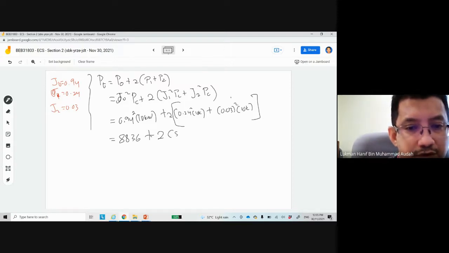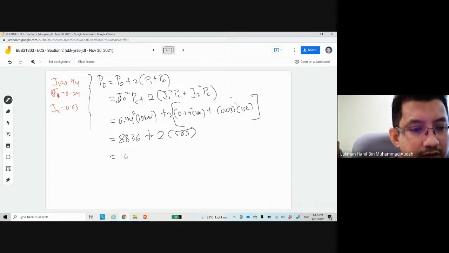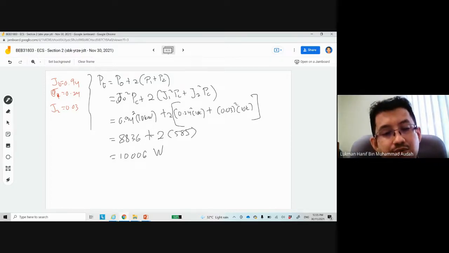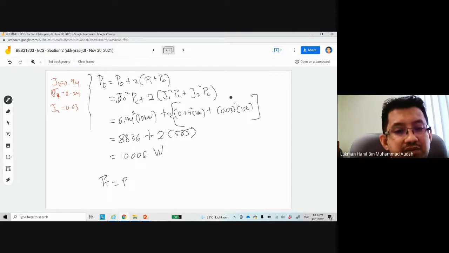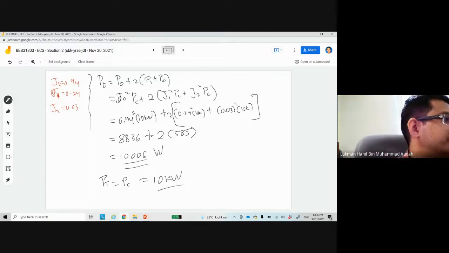So this is 585 times 2 plus 8836. So I get 10,006 watt ataupun 10.006 kilowatt. So I can also calculate PT is equal to PC, which is equal to 10 kilowatt. Okay, so either one is okay, no problem. Salah satu boleh.